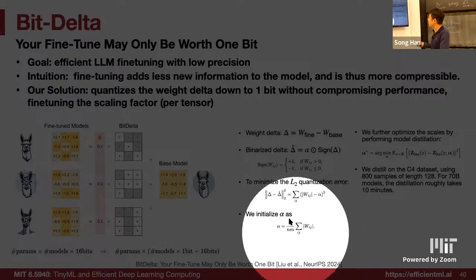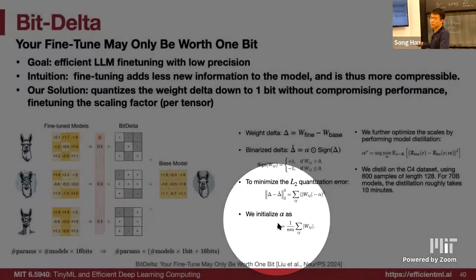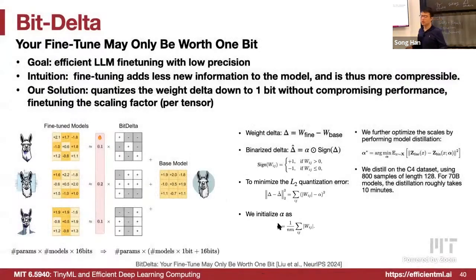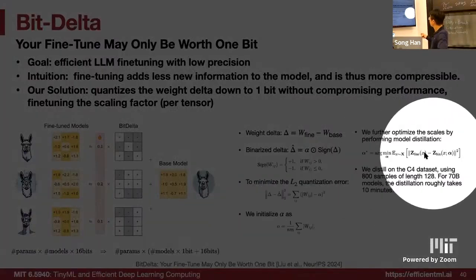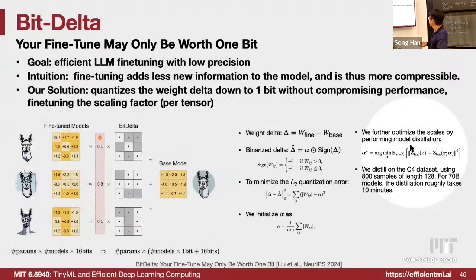This is the original average, and for alpha we want to keep it the same. So alpha is initialized as the original sum divided by the number of elements. And later we can learn this alpha by minimizing the difference, performing model distillation to try to match the final output.